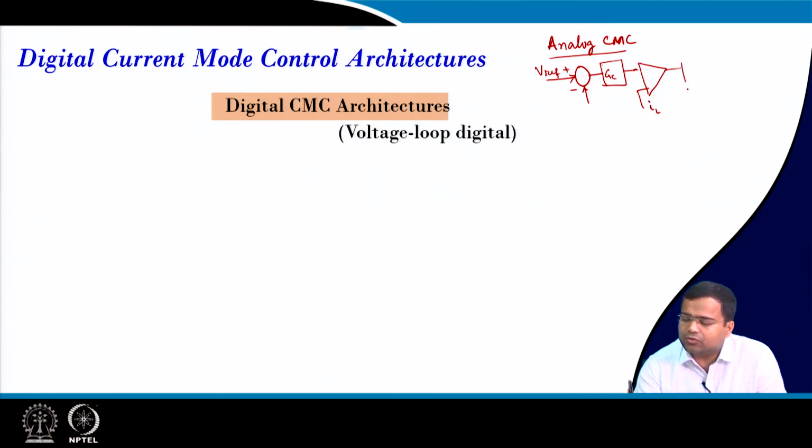Then it will go to an RS latch. I am talking about peak current mode control. This is my switching clock, and then it goes to my DC-DC converter.